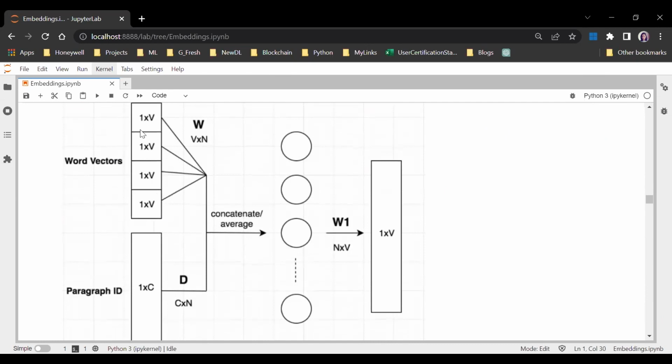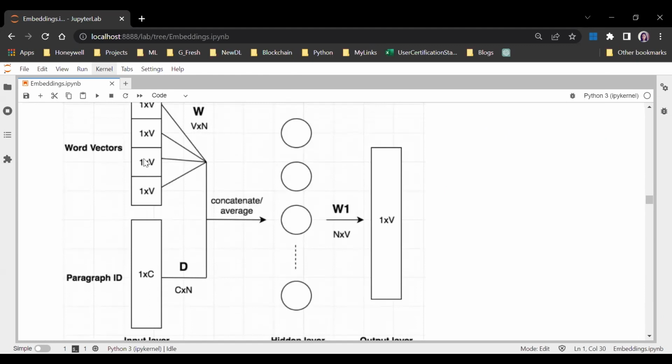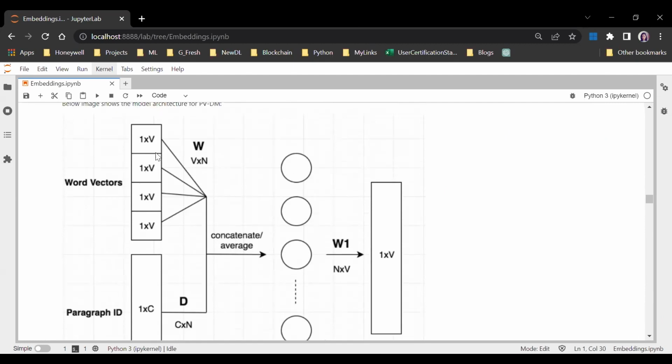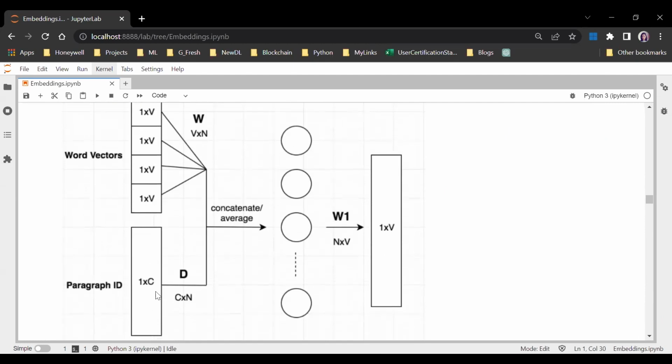So imagine these are the word vectors. This is very similar to the CBOW example that we have seen in the previous Word2Vec approach. We pass a group of words and the paragraph ID. This is the additional context that we are passing to the model. And like Word2Vec, in Doc2Vec also there are two architectures available.